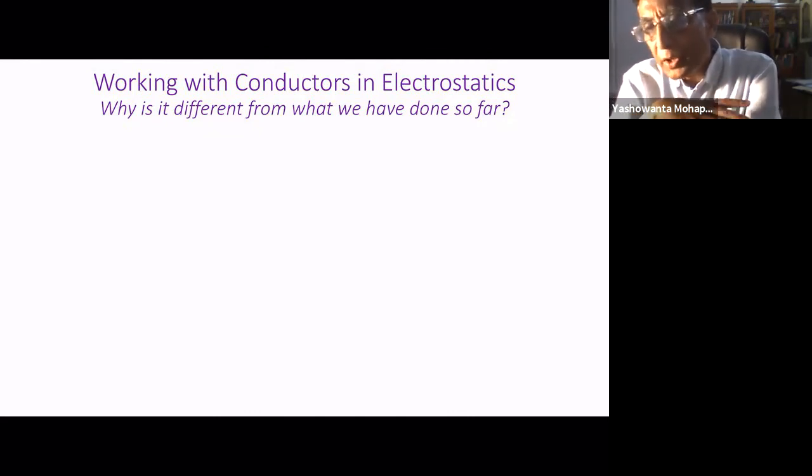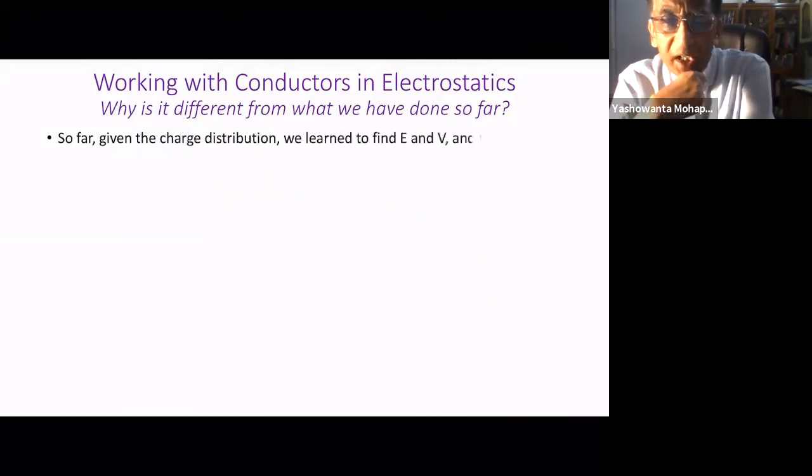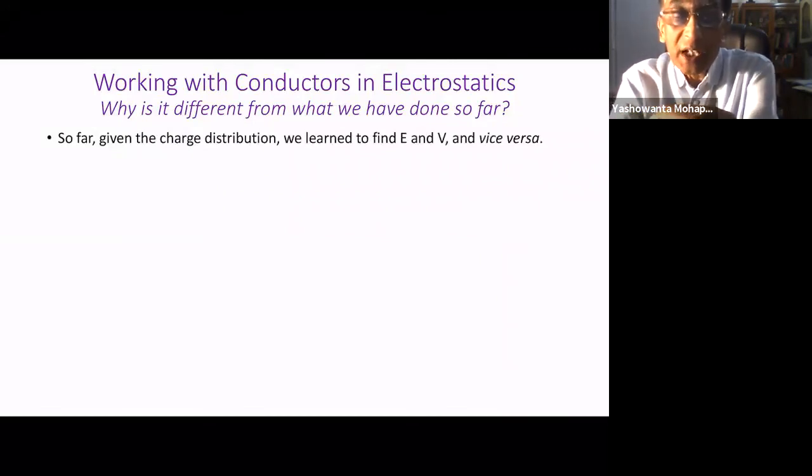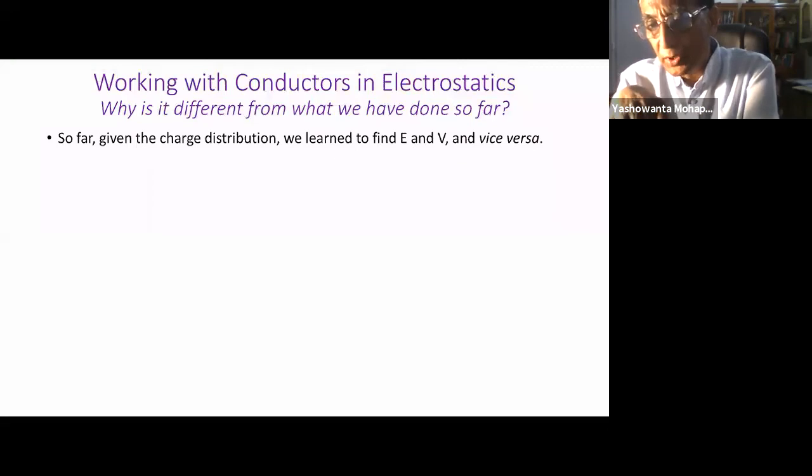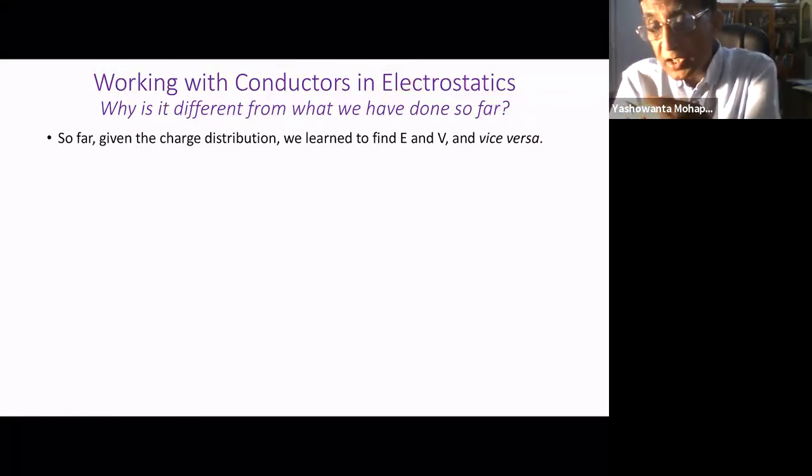You could call it artificial intelligence in some rudimentary form, because it knows exactly what to do to make E equal to 0. So far in electrostatic problems, given the charge distribution, we found E and V, or given E and V, we found the charge distribution and so forth. That's what we had done just before the last lecture.